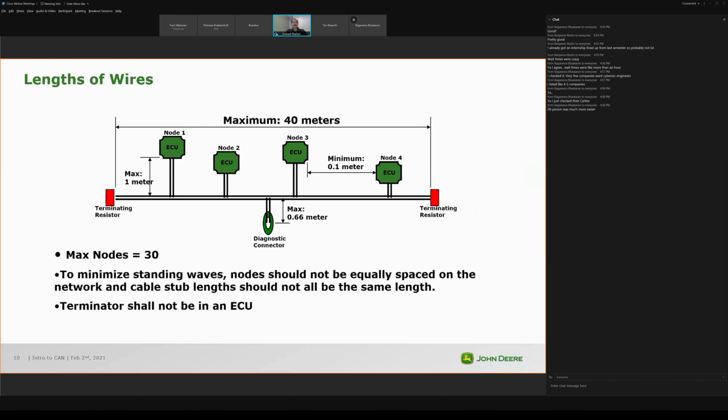And you have terminators on either end, and they should not be integrated into the ECU.